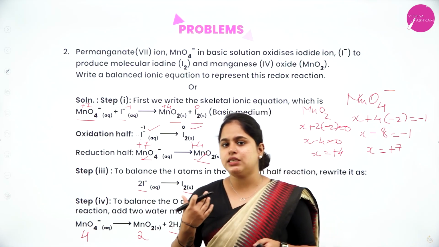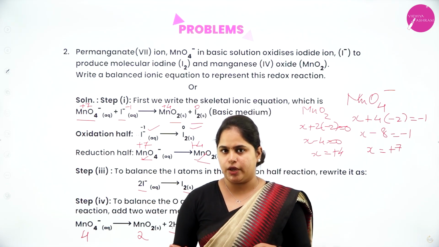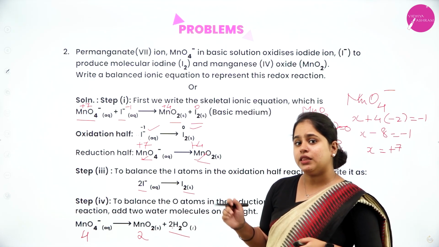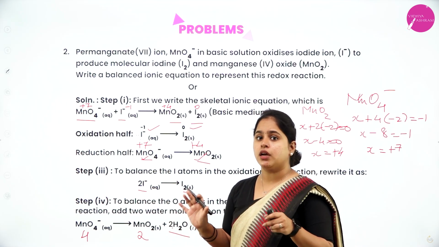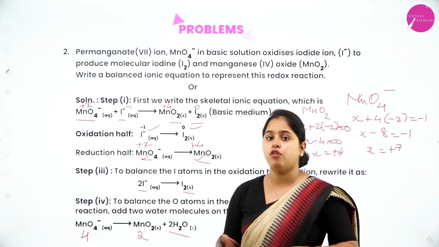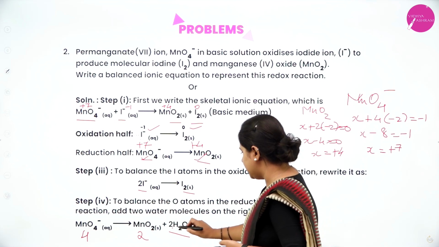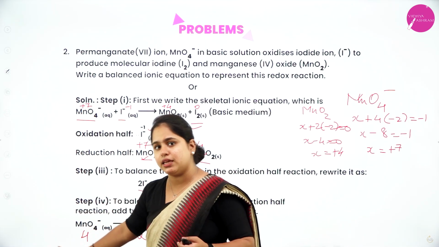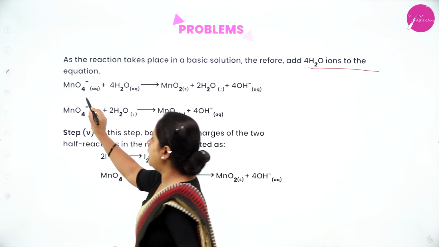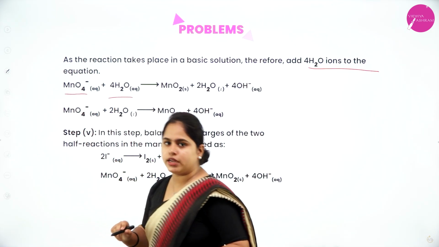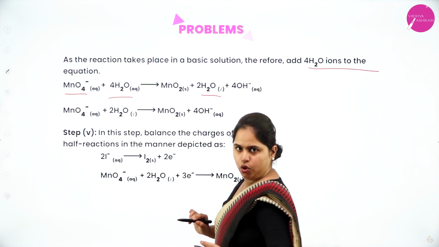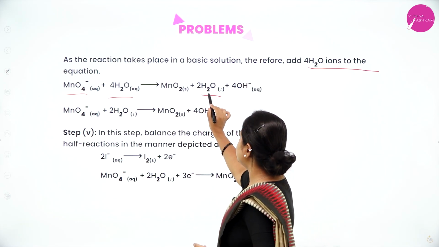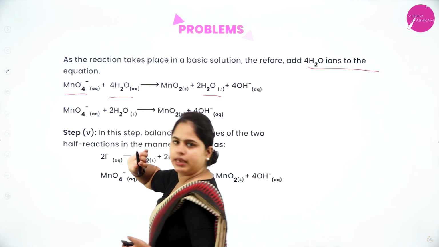So to balance that in acidic medium, we add 4H plus ions. But in basic medium, that number of hydrogen atoms we are going to add in the form of water molecules itself. That means 2 into 2, 4 molecules of water we are going to add on the other side. So that is what is shown here, MnO4 minus plus 4H2O. We added 2 H2O here in the beginning, right? So 2 into 2, 4 H2O we are going to add here.